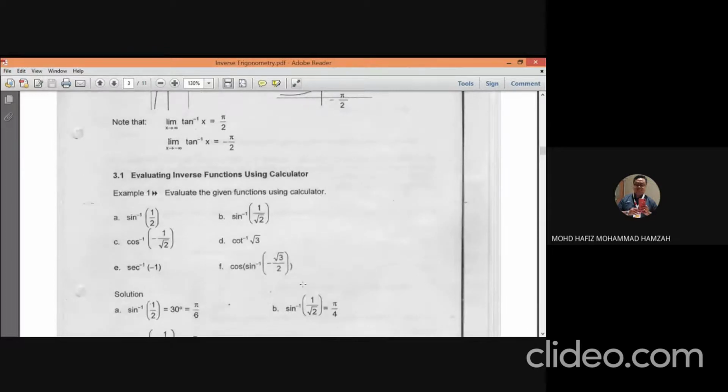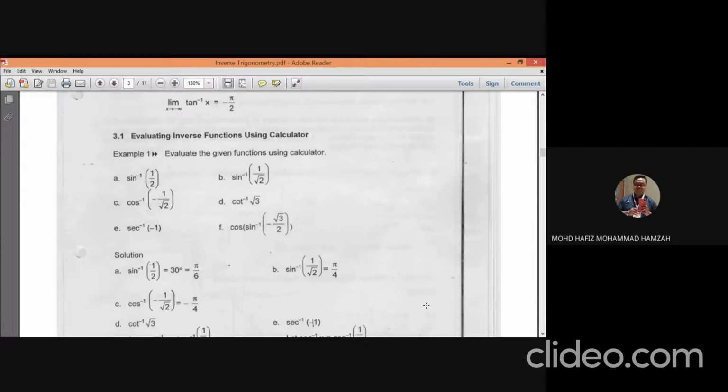Okay, so how to find the inverse function by using a calculator? This is the easiest. Make sure you have your calculator with you now.